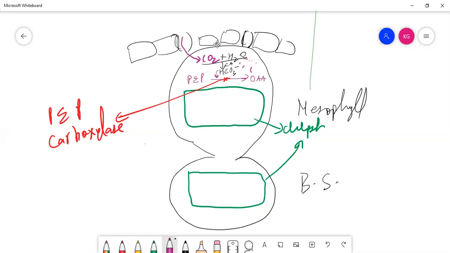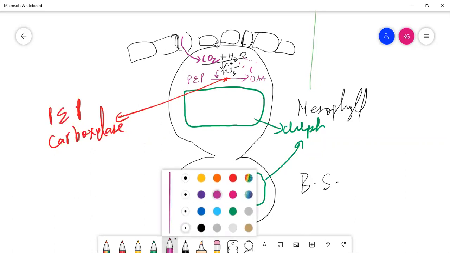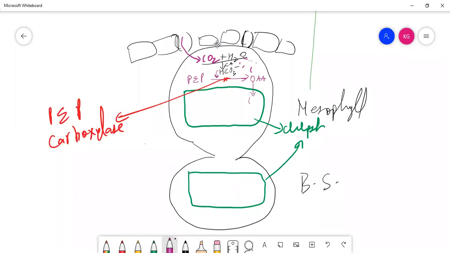Is this very clear? ठीक है, अब देखो क्या होता है. ये जो oxaloacetic acid है, this oxaloacetic acid now in the next step enters the chloroplast. ये chloroplast के अंदर आ गया. And in the chloroplast this oxaloacetic acid is converted to malate. ठीक है, आप हमेशा देखते हो जहां oxaloacetic acid है वहां malate बन जाता है. ऐसा क्यों होता है?